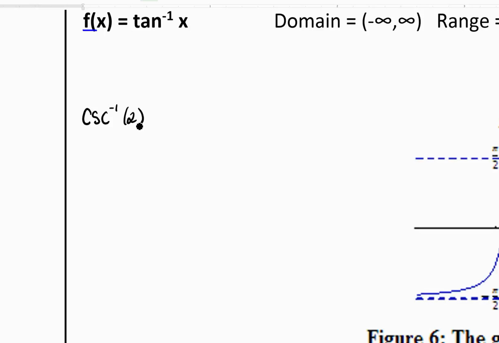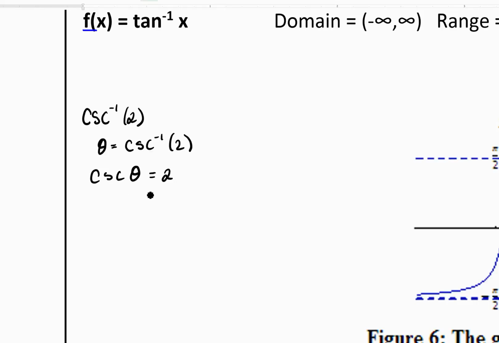Now, cosecant, remember, is the reciprocal of sine. So the first thing we would say is theta equals cosecant inverse of 2, which means we want to know where cosecant of theta equals 2. And then we would turn this into a sine.